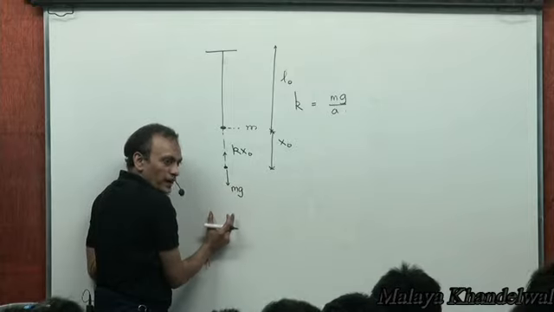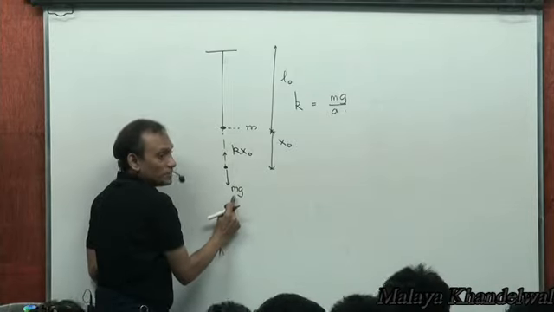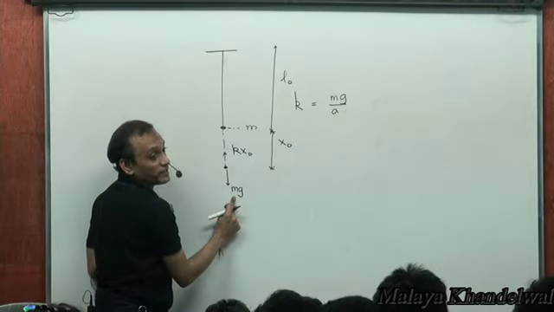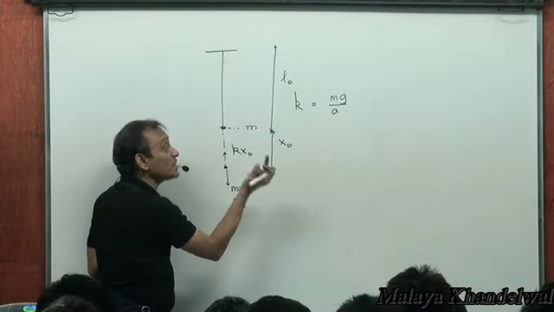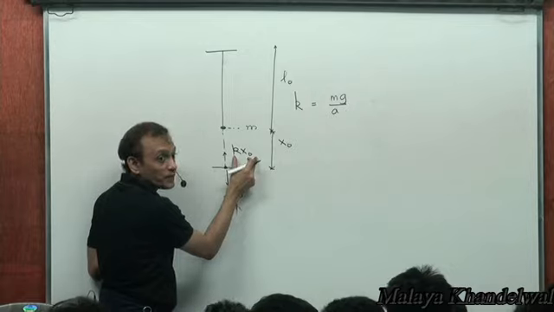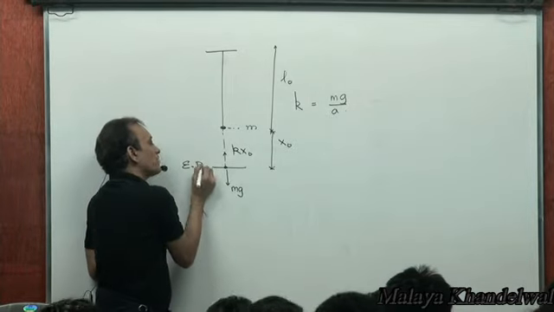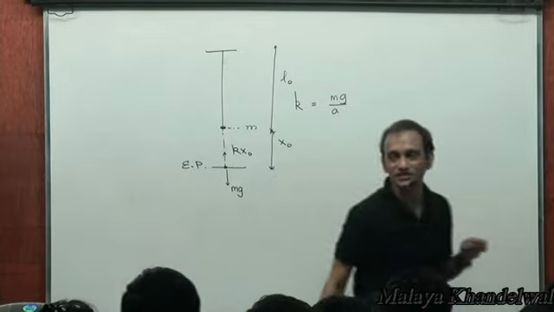As it elongates more and more, spring force becomes larger and larger, mg remains the same. Initially, for a while, mg is larger than the spring force. Then at some instant, mg becomes equal to the spring force.